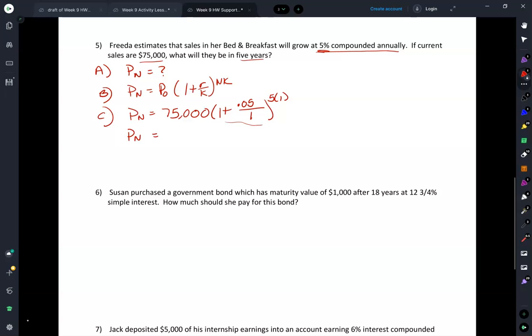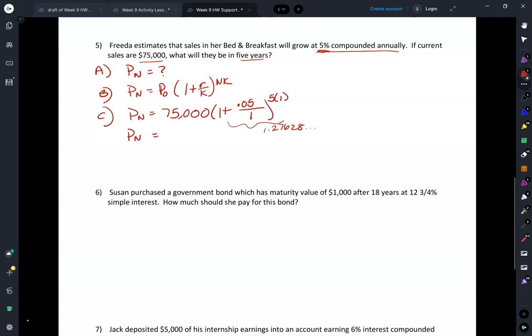and then raise that up to the 5th power. So that's going to end up being 1.27628, kind of showing some in-between things, which you could do or not, but just to show you, make sure you're on the right track and you're getting those same numbers along the way.